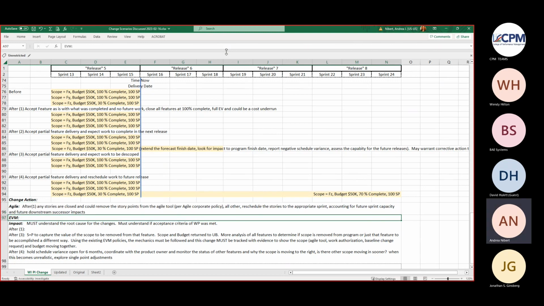My guess is every Agile implementation is different. Some may want to hold on to the fact that they originally assumed it would be X number of story points, and we didn't have to work them. So maybe you just make a note that no effort was put towards those estimated story points. I think we're going to find the Agile corporate policy is different across all the Agile implementations.